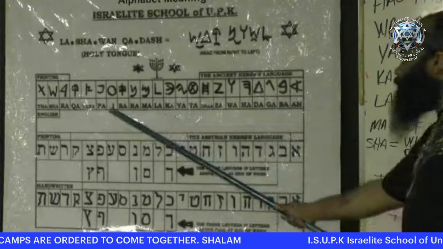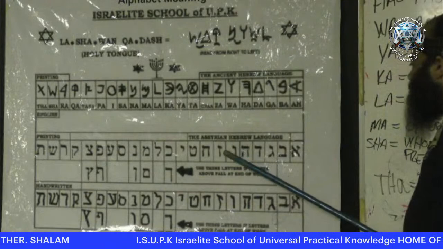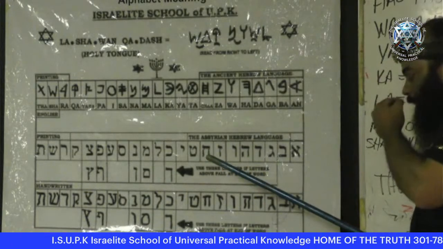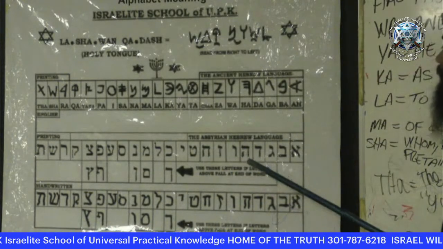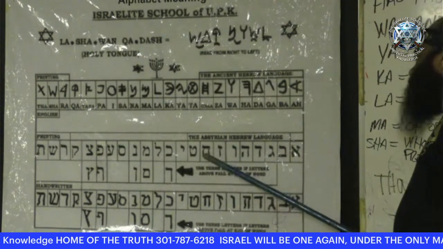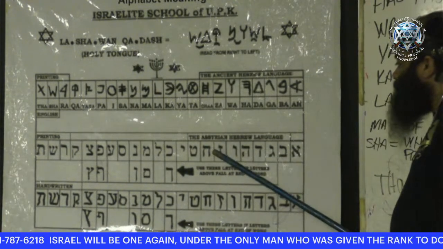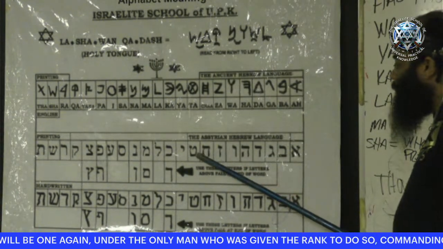Down below, we have the same 22 characters, but in a different language. Actually, there are different symbols because in the Assyrian captivity, we had different symbols for our language. So we have it in the ancient Paleo up here, and the Assyrian Hebrew down here.